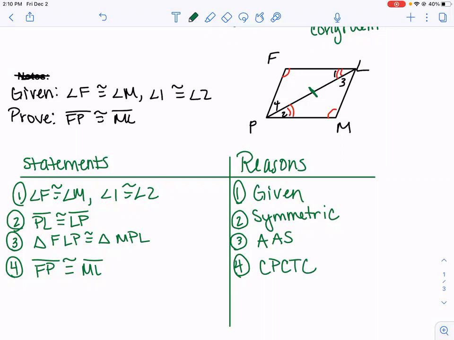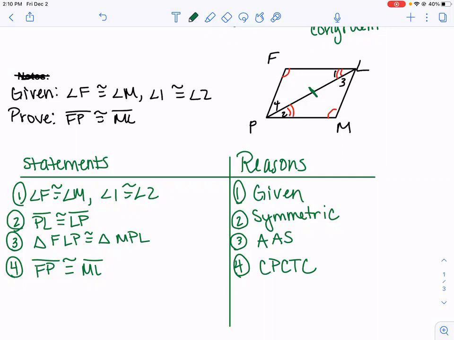Okay, so Keegan just said it's the same thing, we just added a step. After you get your congruent triangles, you just put that at the end, and you can say, okay, these corresponding pieces are congruent by CPCTC.